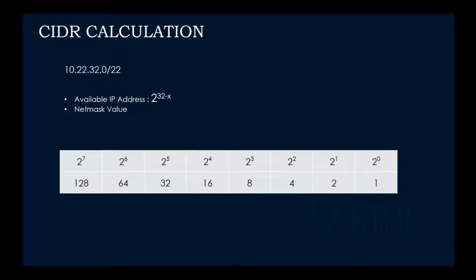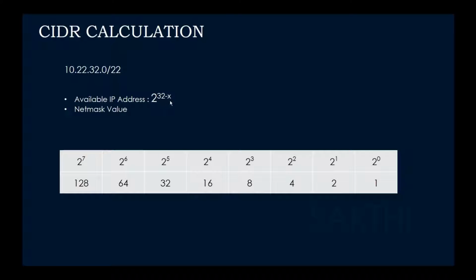Now from the subnet range we will calculate how many available IPs we can get. So this is a simple formula which can be used to get the available IPs. As we know, the IPv4 addresses have 4 segments of 8 bits, which comes to 32. Now in this case, our 22 is our subnet.